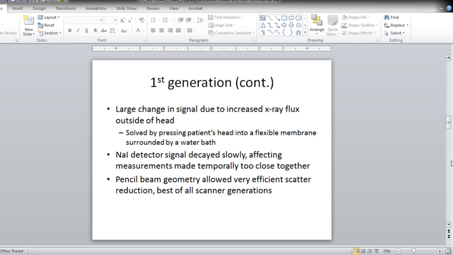The detector we are using is a sodium iodide detector. The source uses a pencil beam geometry, so it gives efficient scatter reduction compared to the remaining generations. This is the only generation which has less scattering compared to the others.